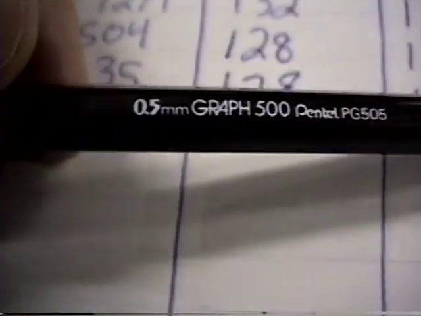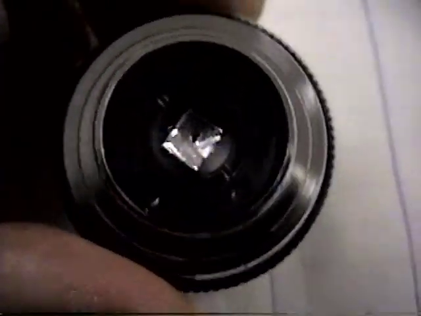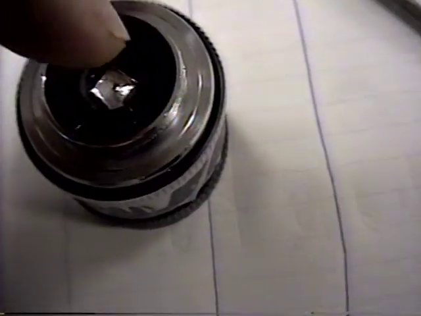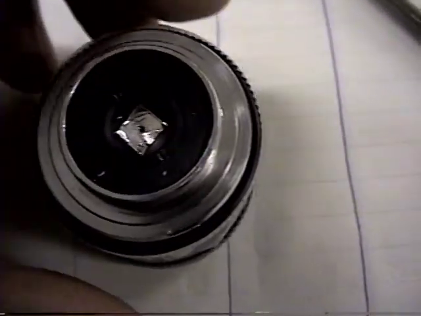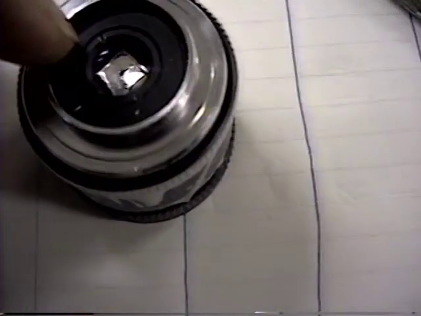The reason I know it's 0.5 millimeter is because I used this 0.5 millimeter pencil and punched that into the aluminum foil, after sticking the aluminum foil first over the iris and then just punching the middle of it, as I discussed.